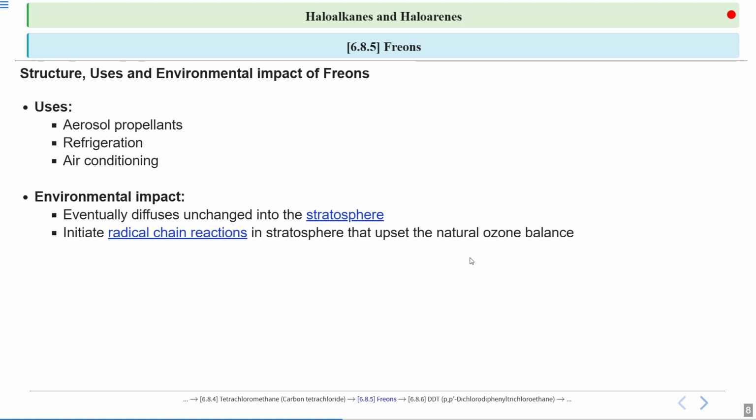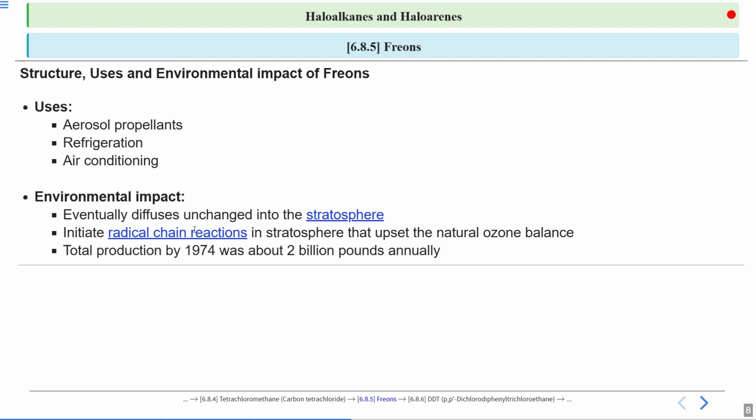So the ozone layer in the stratosphere is going to be disturbed by this radical chain reaction performed by the freons, which diffuse into the stratosphere through the regular use of freons in our day-to-day life.